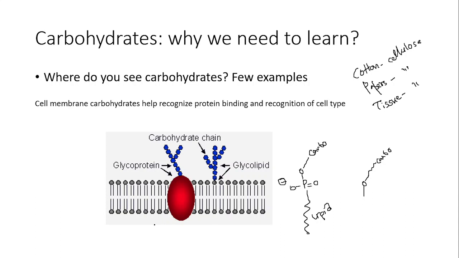Okay, so what is the function of carbohydrates on the cell surface? This provides typical cellular recognition with other entities that would like to interact with the cell. So, for example, the SARS-CoV-2 virus has a unique O-linked glycoprotein on its surface.